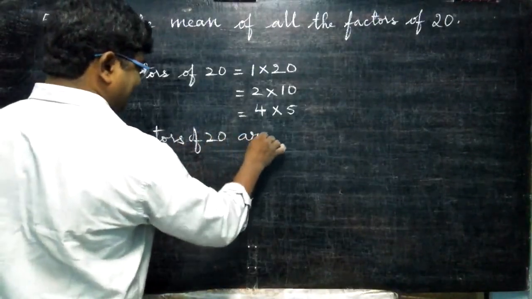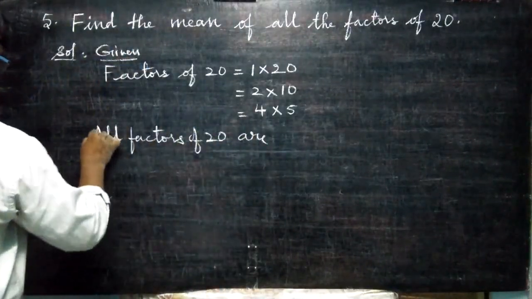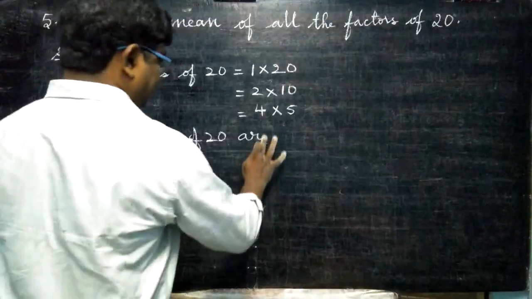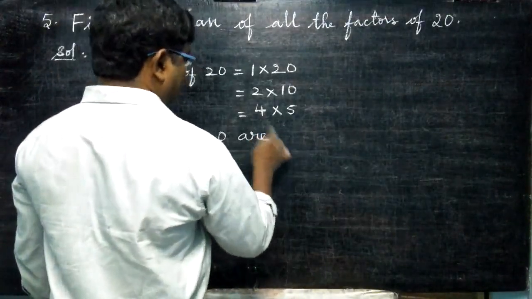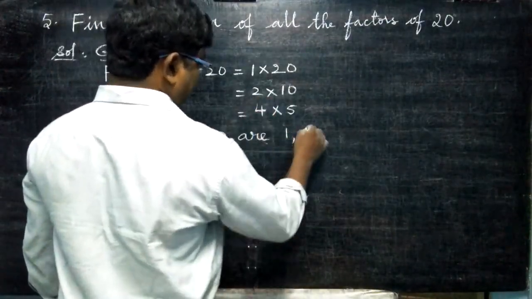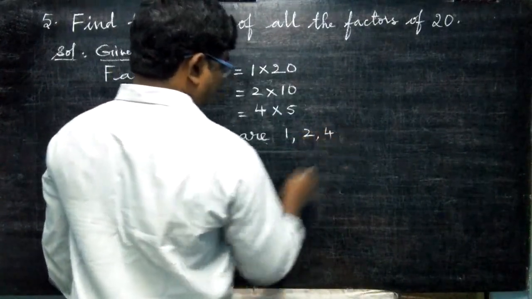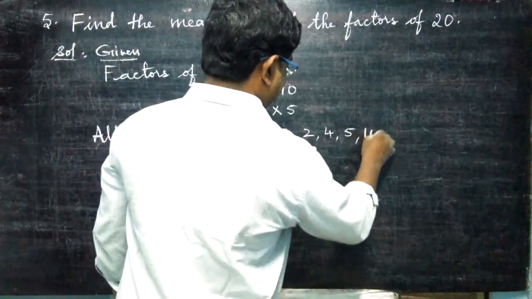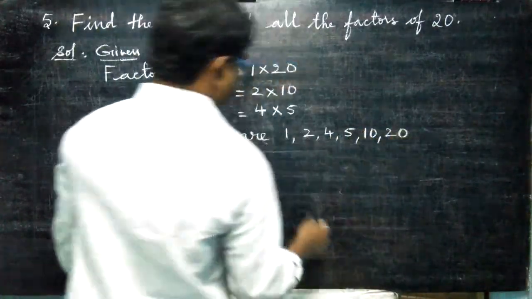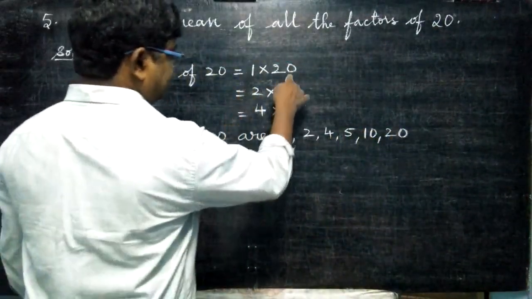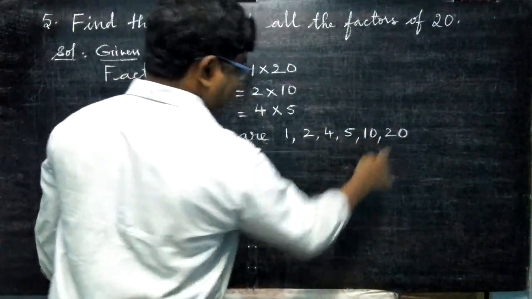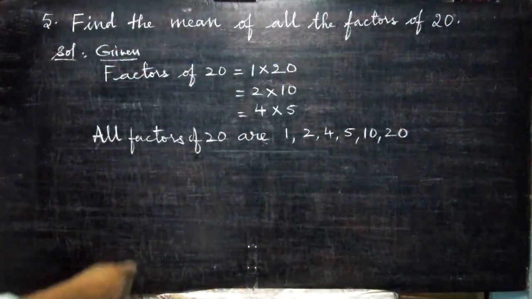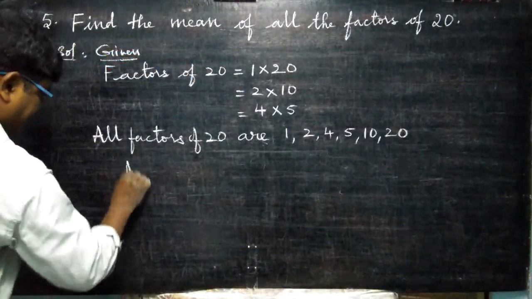So all factors of 20 are 1, 2, 4, 5, 10, 20. 1, 2, 3, 4, 5, 6. We got 6 factors. So now find the mean.